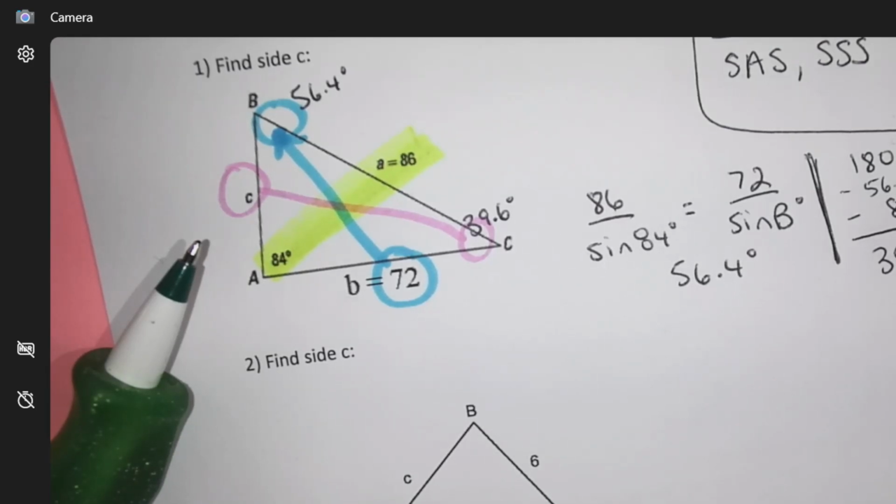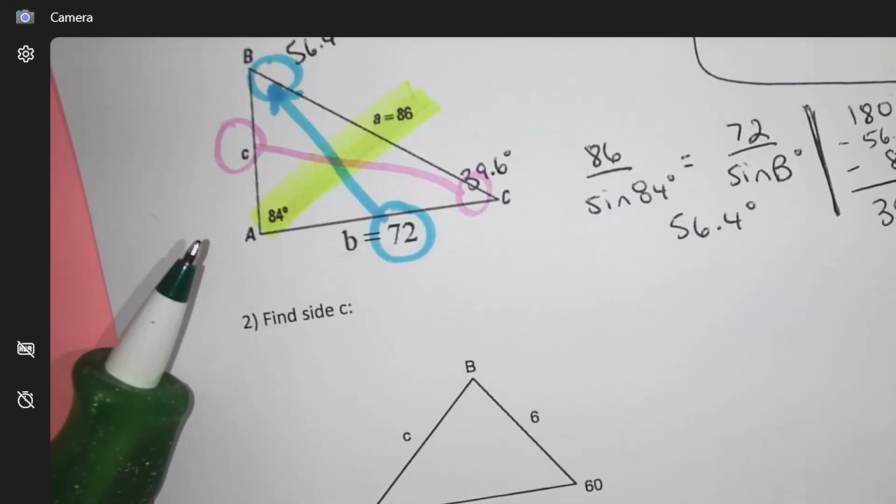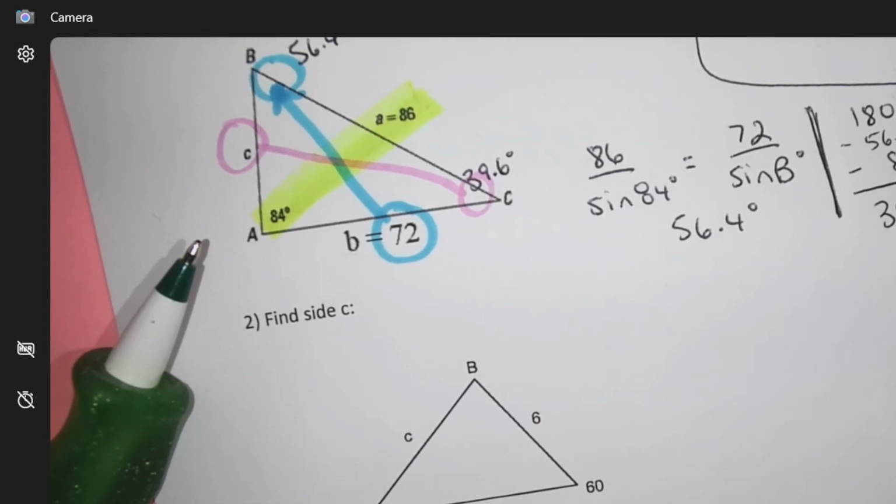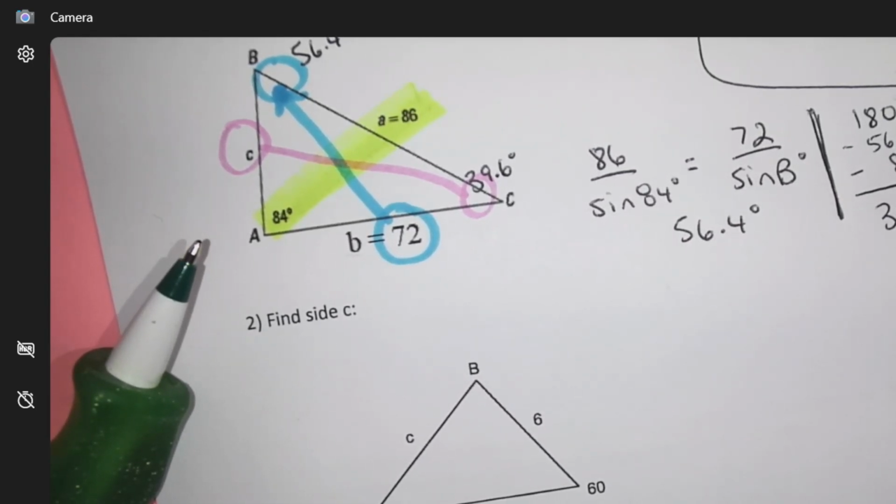Okay, you're going to notice that I was rounding decimals to 1 and I did sides to 2. Does your answer make sense to you? You always should ask that, right?